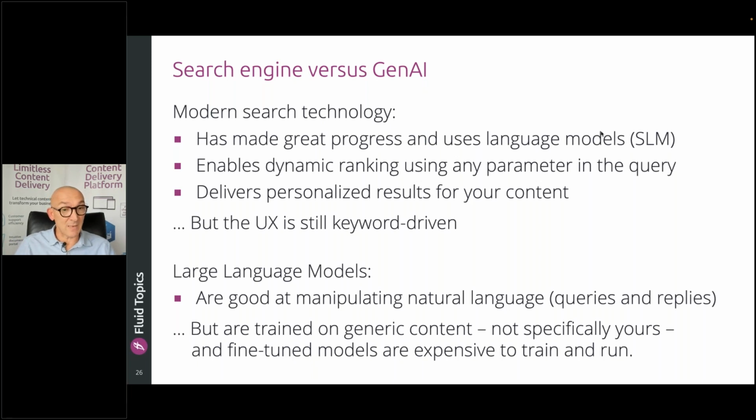Probably part of that content used to train the LLMs was about products similar to yours, or maybe a bit of your content that has been collected on the web, but not specifically your content. Your content is maybe one among millions and millions of pages. So they are generic. They are not specific, meaning that using them out of the box for replying to questions about your product won't work.